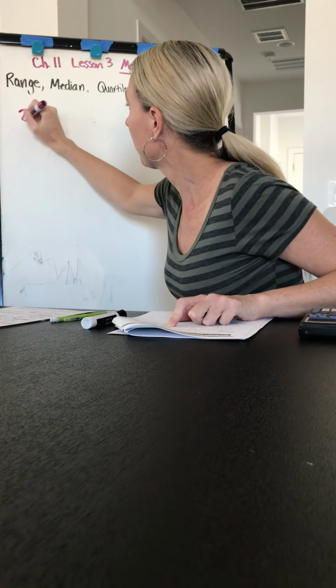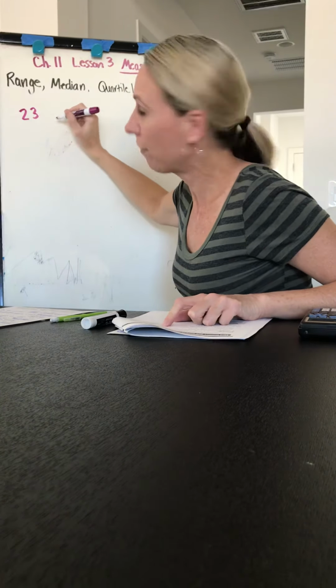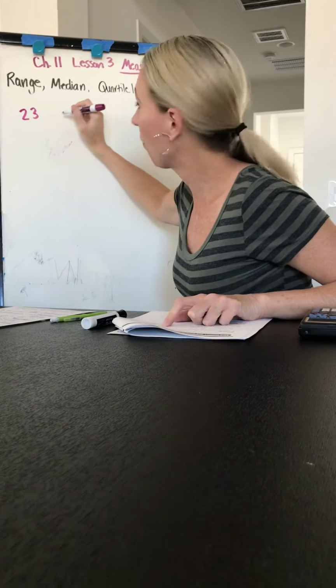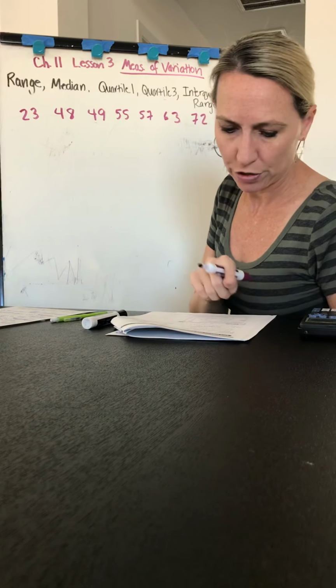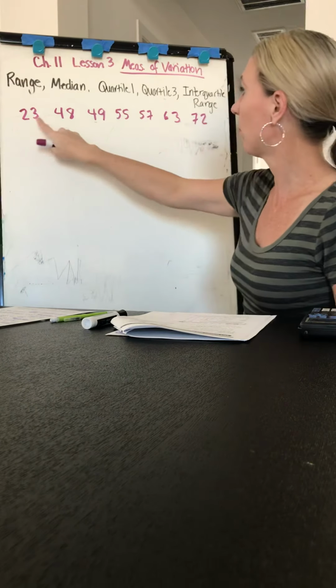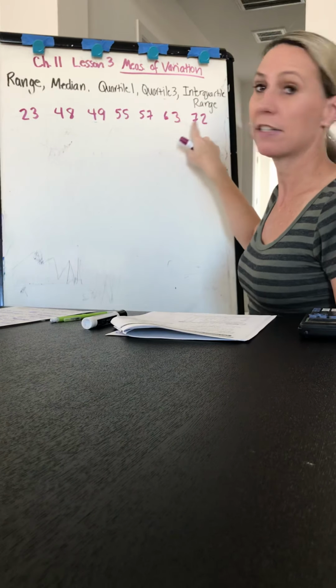We have 23, then 48, then 49, then 55, then 57, 63, and 72. Okay, so that's our data set. Let me just count it and make sure. There were 1, 2, 3, 4, 5, 6, 7.